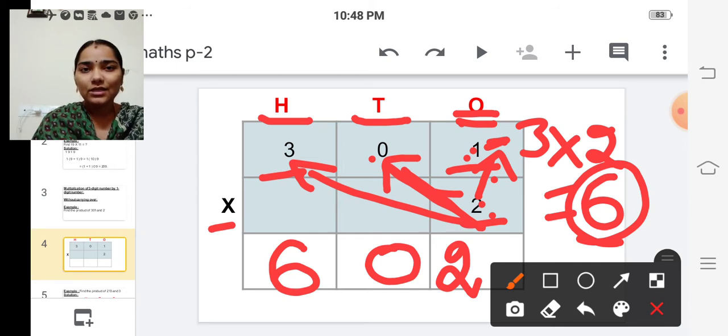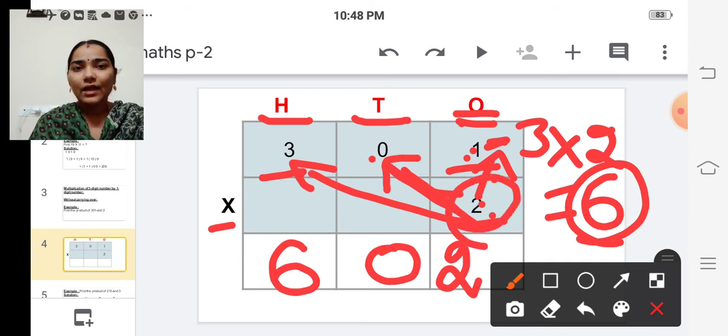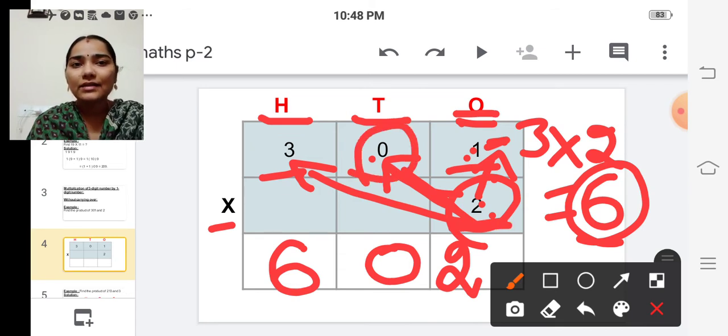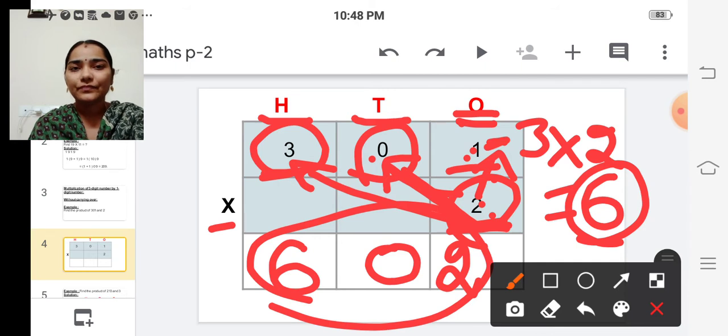So first thing you have to do is you have to multiply the digit in the ones place. So you have to start with the ones place. Okay. So multiply the digit in the ones place by this 2 and then multiply the digit in the tens place by 2 and multiply the digit in the hundreds place by 2 and write the answer here.